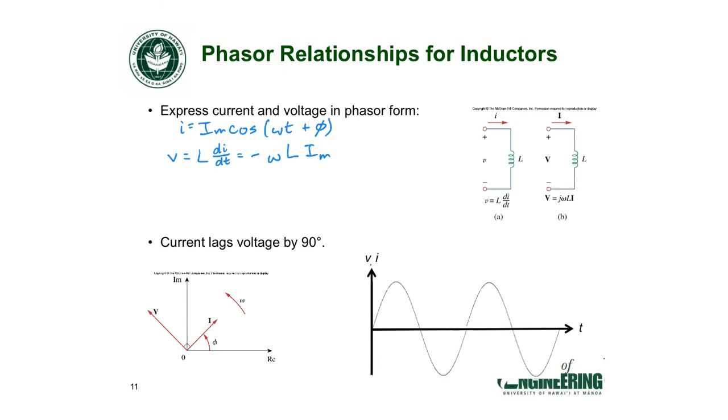Oops, it's not cosine. Times the current magnitude times sine omega t plus the phase angle.